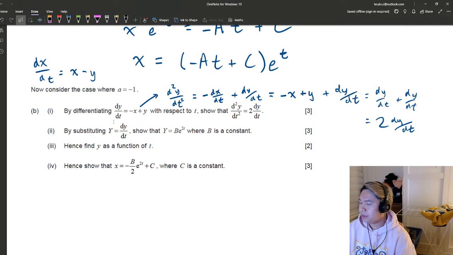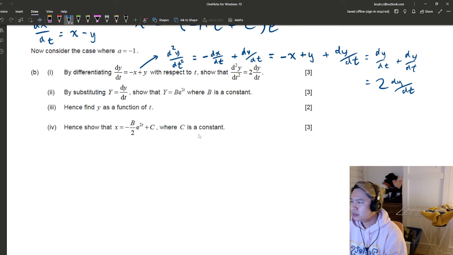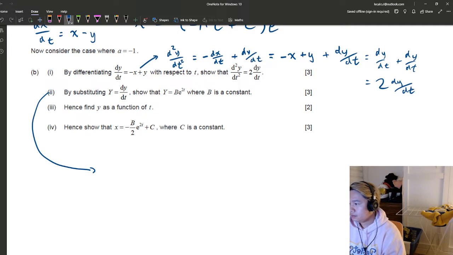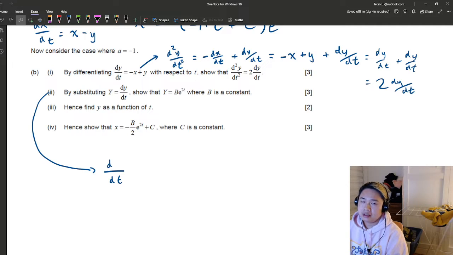Okay, by substituting big Y as dy/dt, show that big Y is equal to this stuff, where b is a constant. So I'm trying to solve for Y, and I'm going to use this right here. So first off, d squared y over dt squared is the derivative of the derivative.